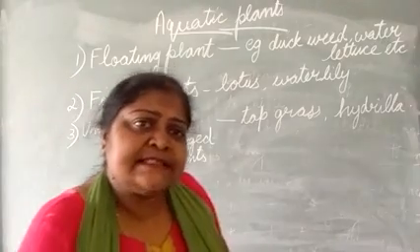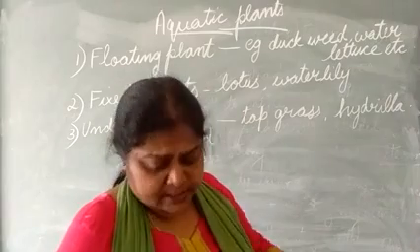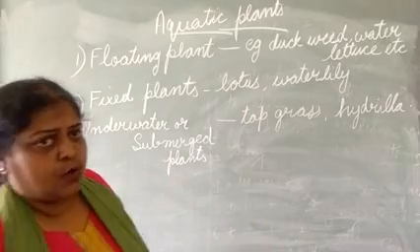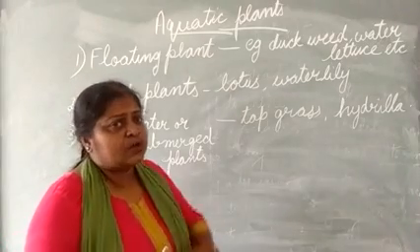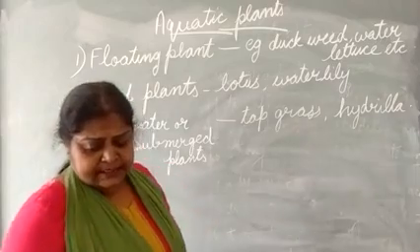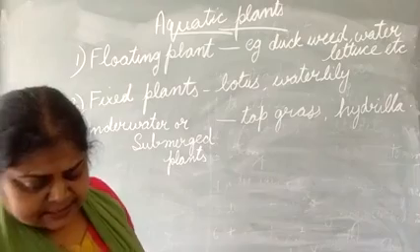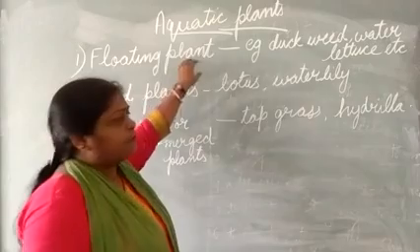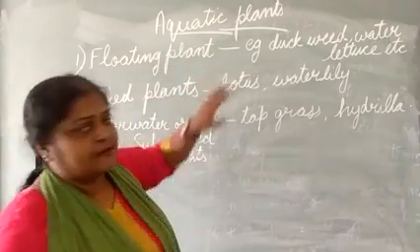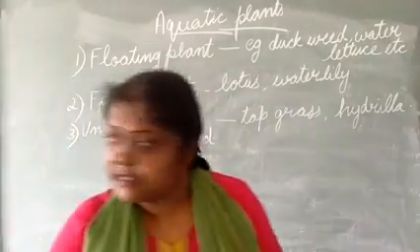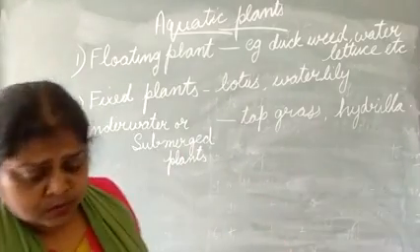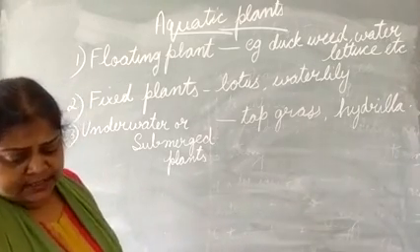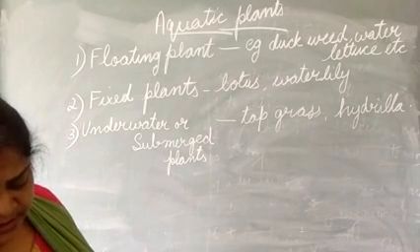This type of plant is known as a floating plant because it floats on the surface of the water. Why? Because it is light in weight and small in size. Clear, students? They have no fixed root inside the water body.